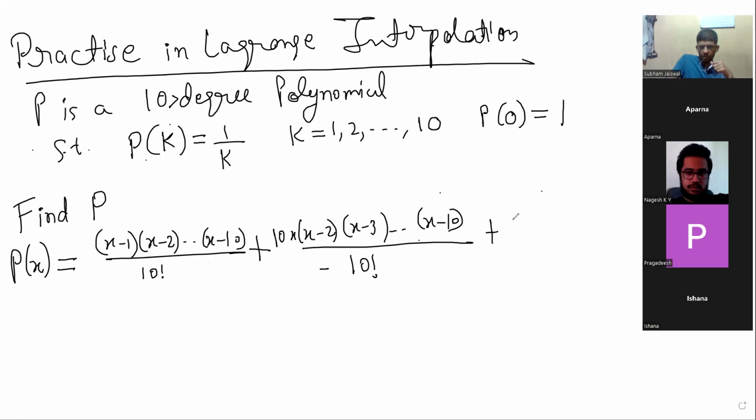Just check it's correct. So it's half, and there is a 2, right? So it will be 2 minus 0. Then you have 2 minus 1 and 2 minus 3 and so on.